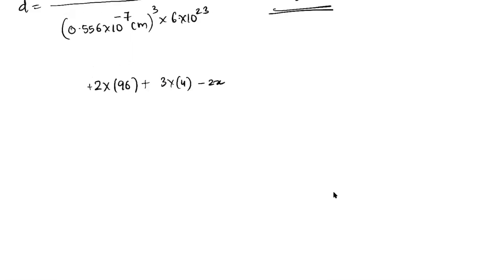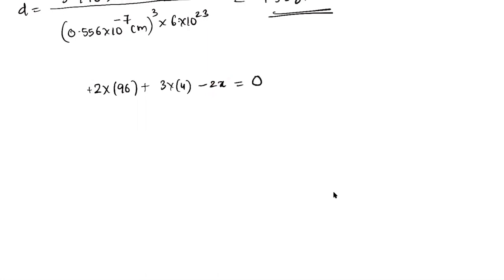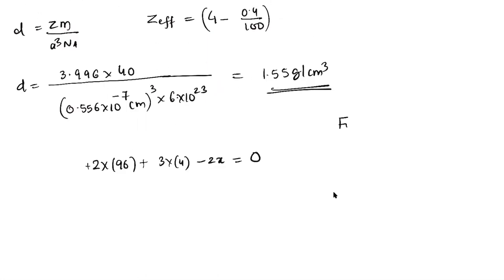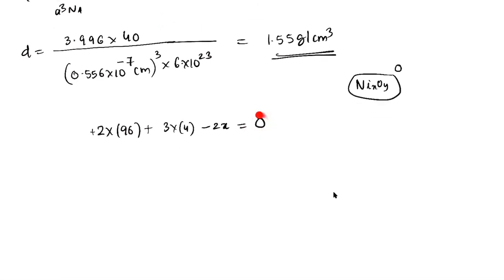How much is the charge of oxygen here? Minus 2 times x, which is the amount of oxygen. That should be equal to 0, because in any molecular formula, if you check out Ni x O y, overall it has to be 0. It has to be neutral.